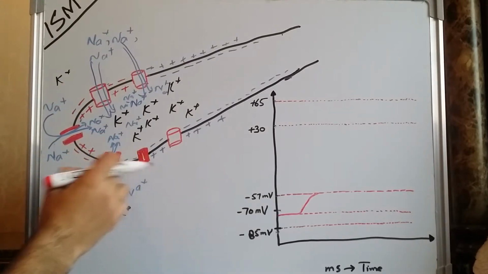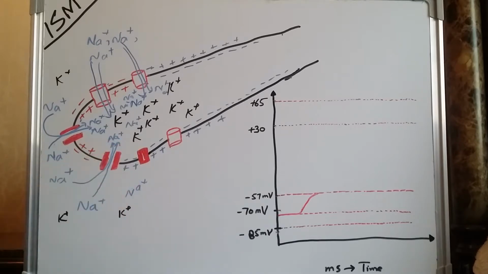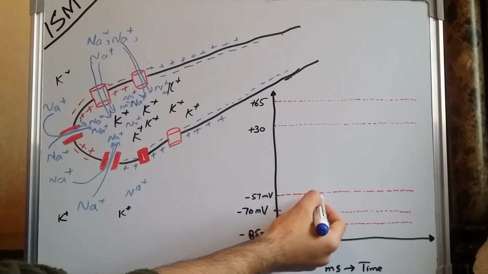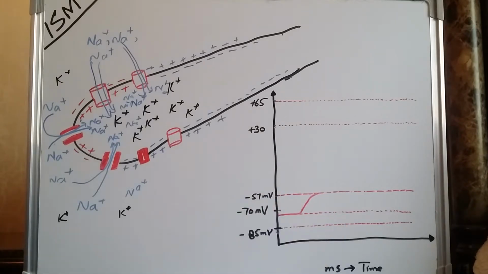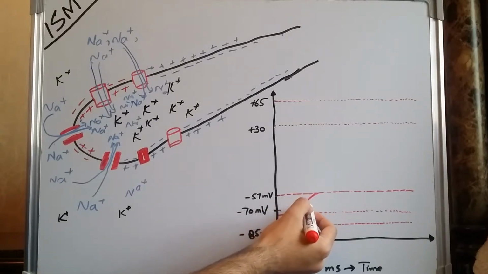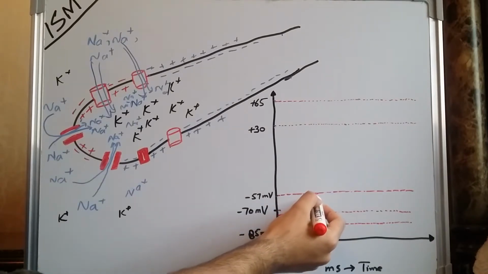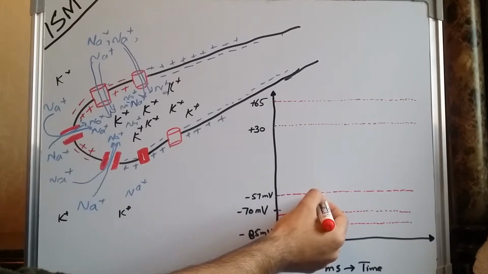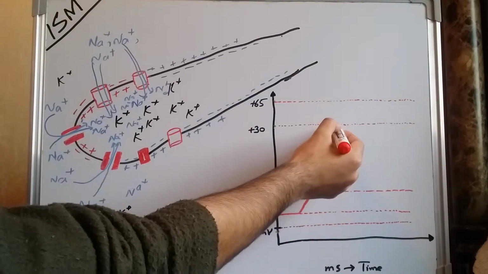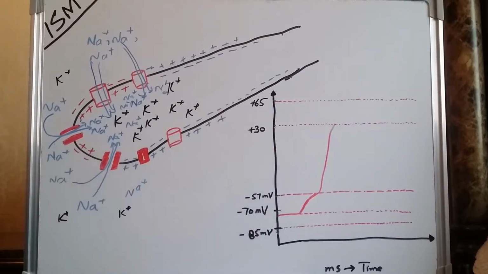Why is this so? This is because more and more sodium ions, due to their concentration gradient, move inside. Whenever they move inside, the membrane starts to depolarize and reach a higher potential, rapidly depolarizing to plus 30.